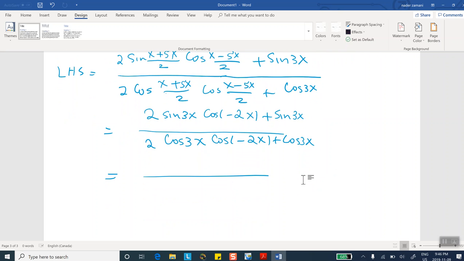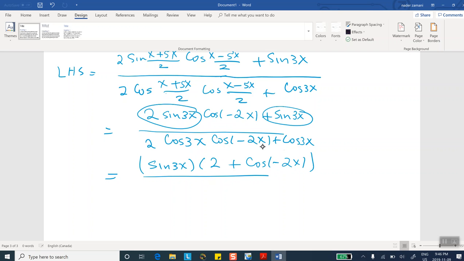Let's factor these two. So we have sine of 3x, and the leftover is 2 plus cosine of minus 2x. By the way, cosine of minus 2x is cosine of 2x. I can take this minus sign away, but I'm going to leave it.